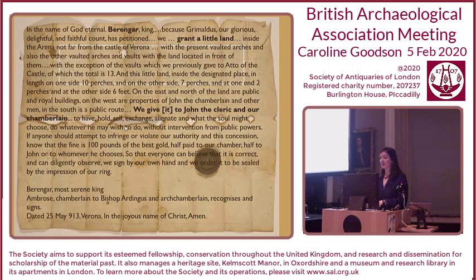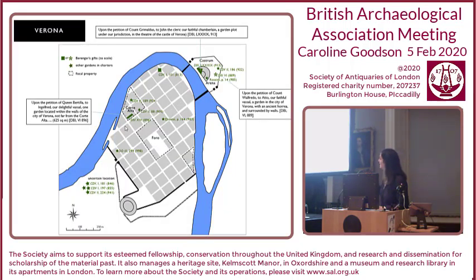And he gives it to his chamberlain, John the cleric and our chamberlain, to have and to hold and exchange and alienate whatever his soul might choose, whatever he wished to do, without intervention from public powers. Berengar does that with a couple of other properties in this area of the arena and of the castrum in the city of Verona.